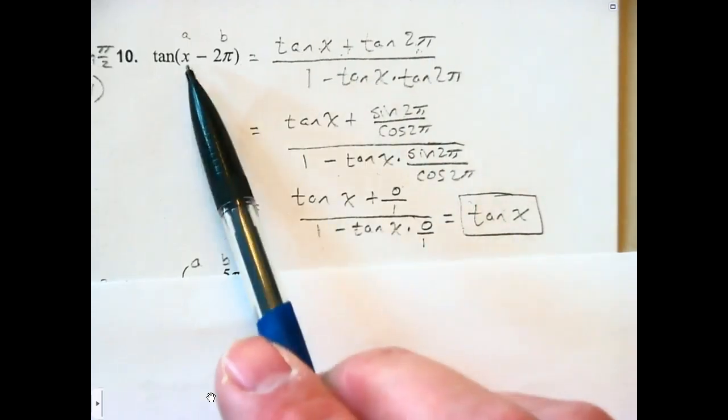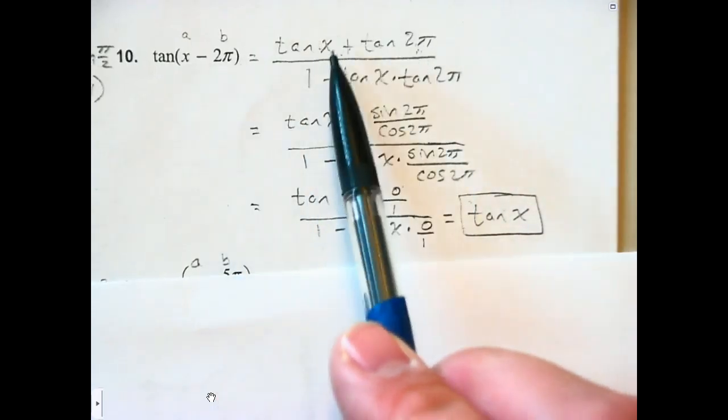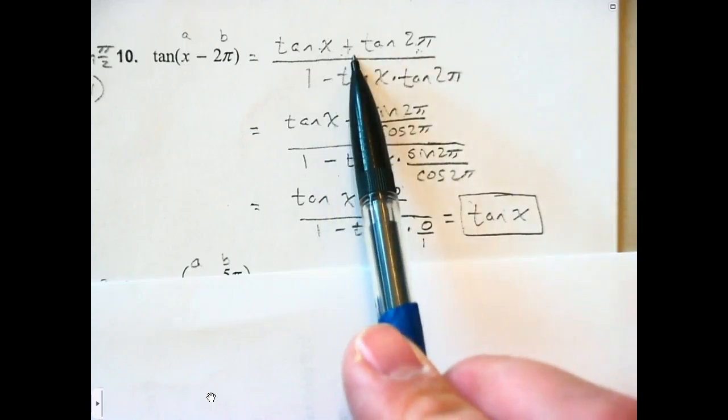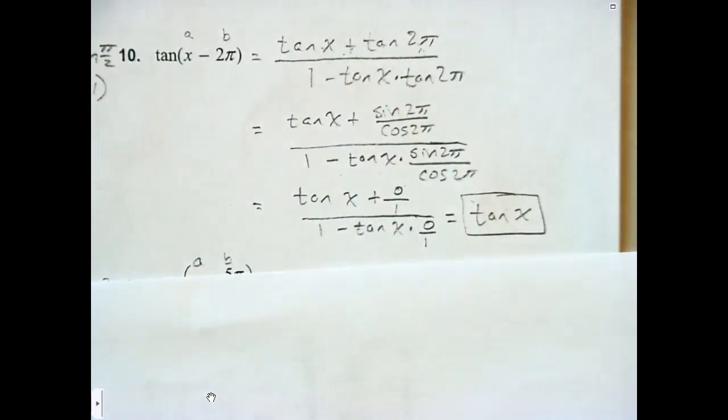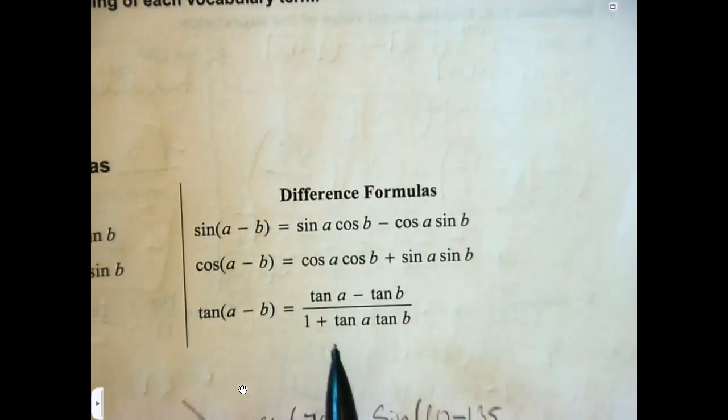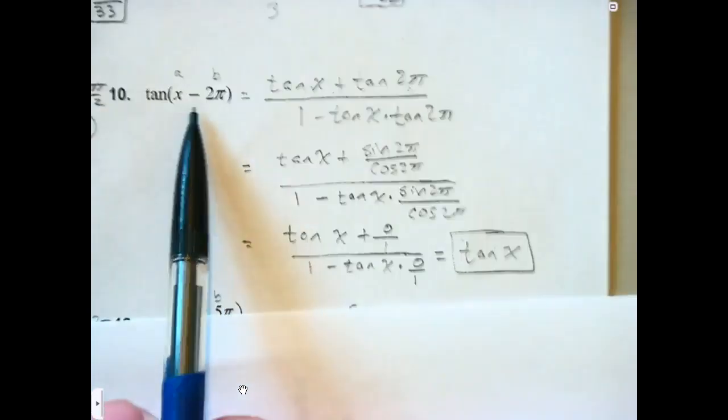It's tan X. So you're going from, so we're doing A minus B, right?